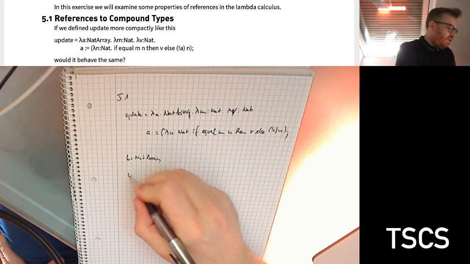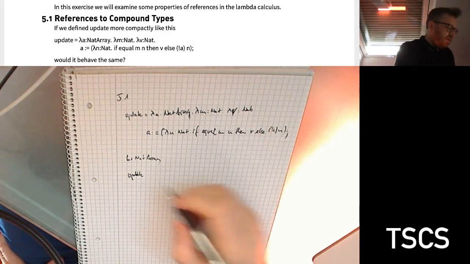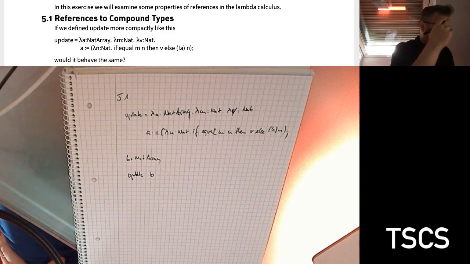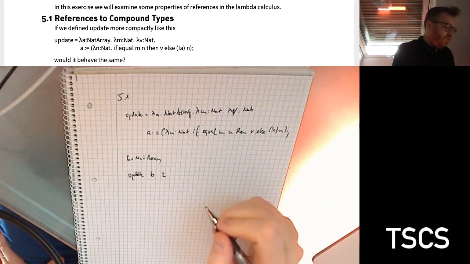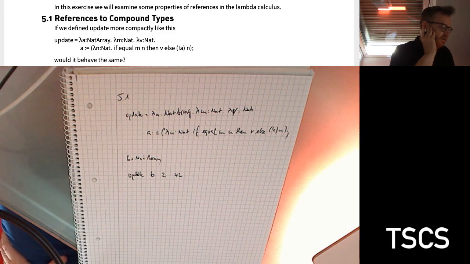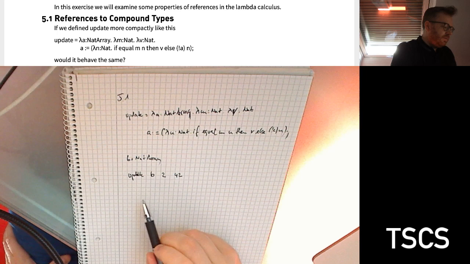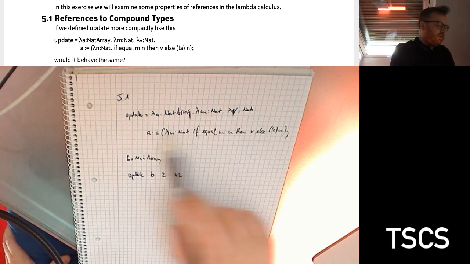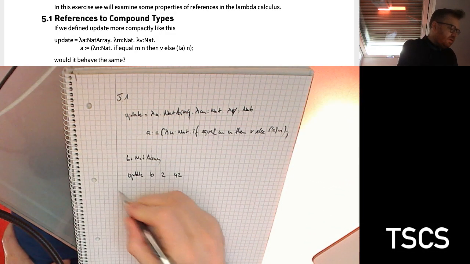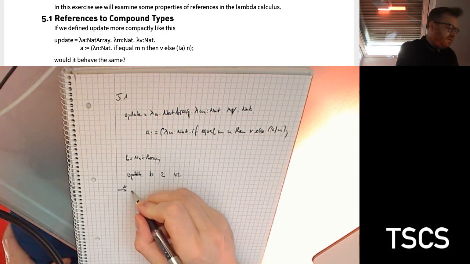So we use update on this lambda array, and we say on position 2 we would like to have a 42. So what happens then? Let's find out what that means. If we carry on all these things, this would in multiple steps evaluate to something like this.